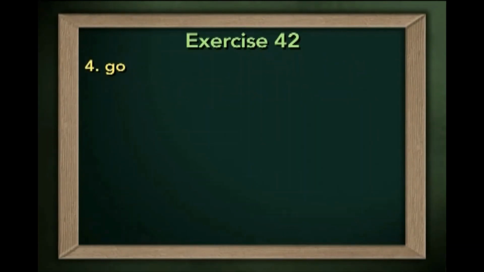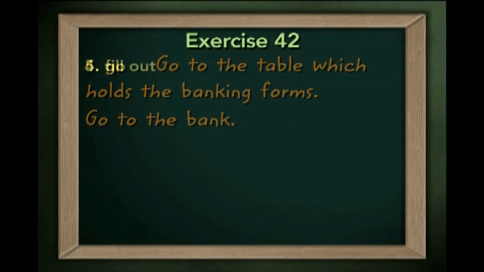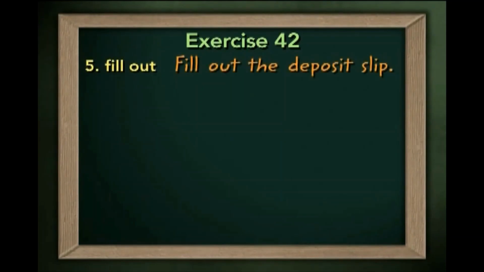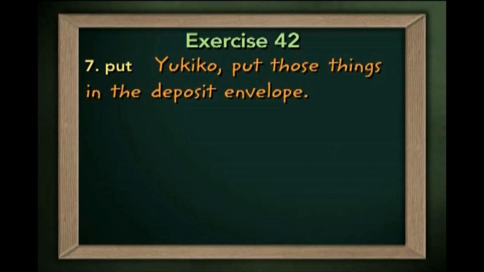Go, you wrote, go to the table which holds the banking forms. Or you wrote, go to the bank. Fill out, you wrote, fill out the deposit slip. Endorse, you wrote, endorse your checks. Put, you wrote, Yukiko, put those things in the deposit envelope.